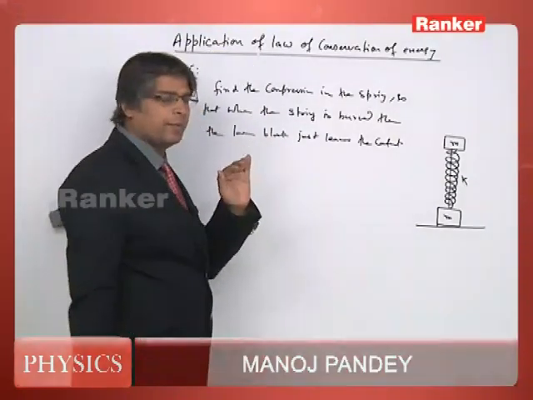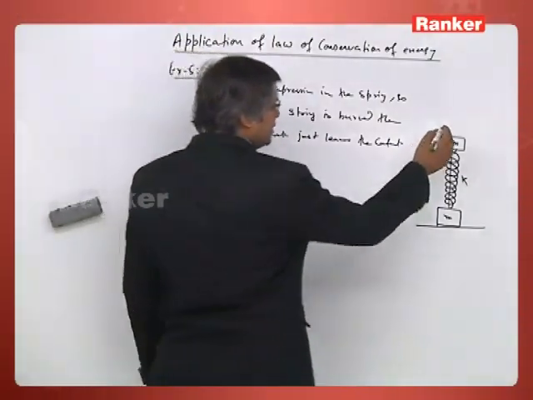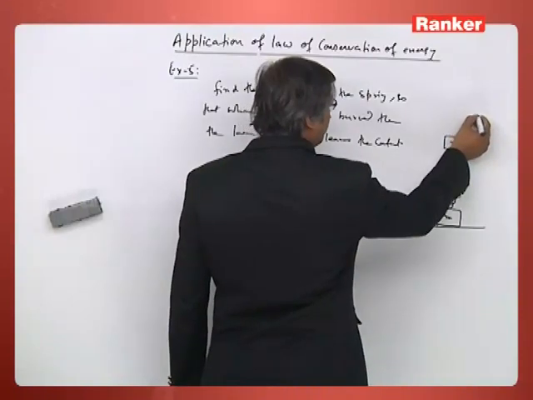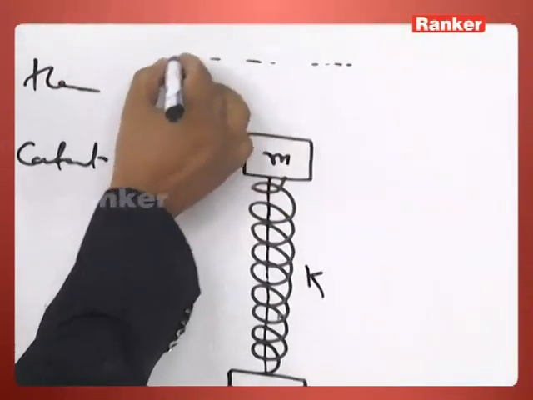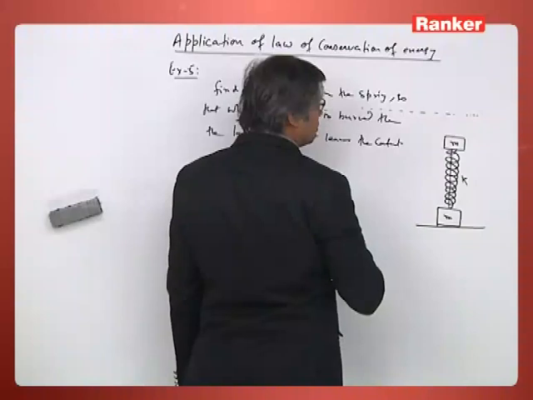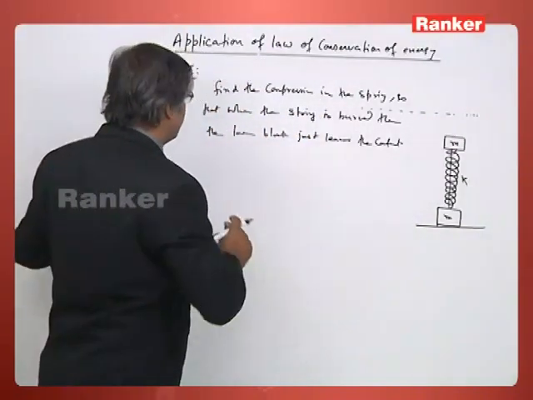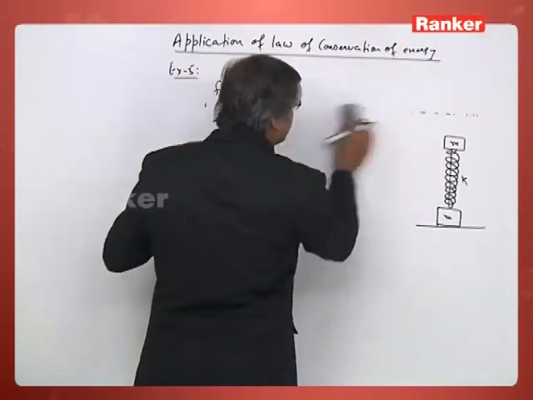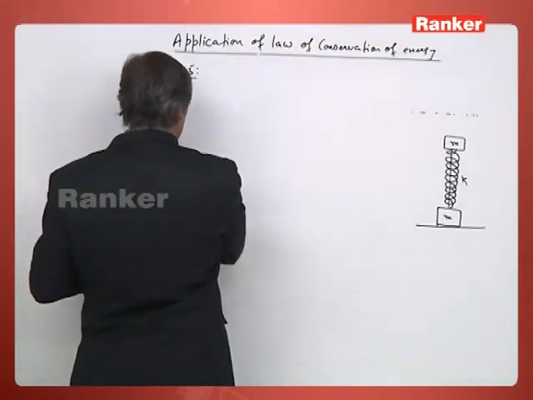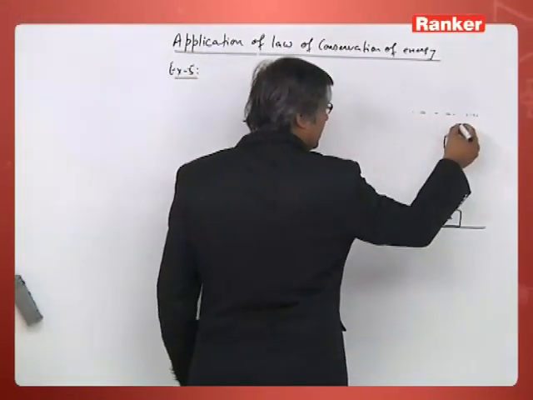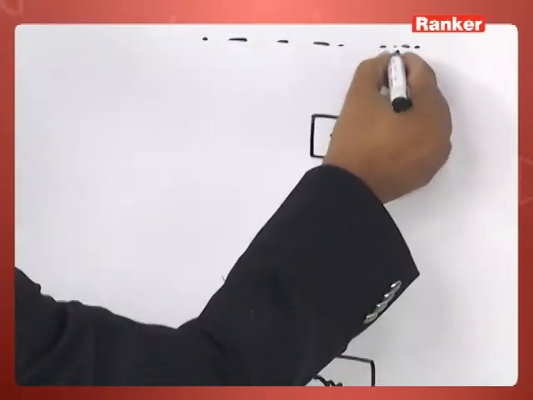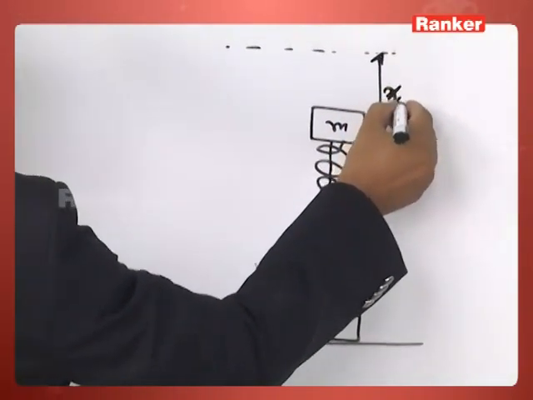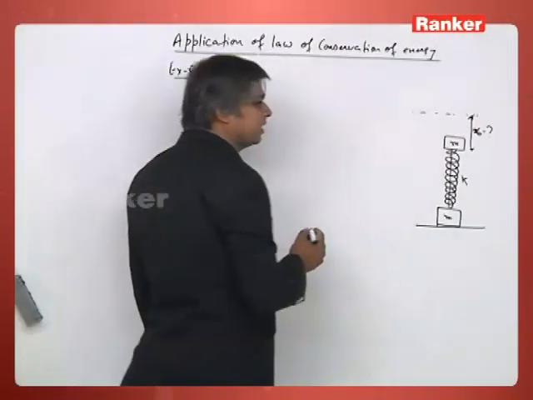This is the problem. Now suppose the natural length of this spring is up to here. So this is the natural length. That means this spring is compressed initially by x naught. That has to be determined. What is this x naught?